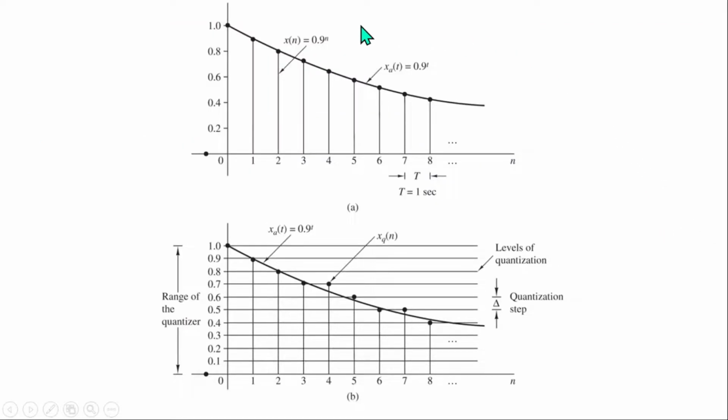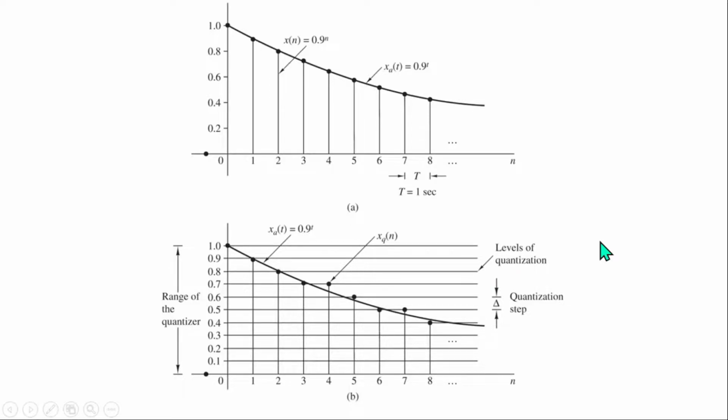In this figure, the one on the top is x of n, and the one at the bottom is the quantized signal x sub q of n. The quantization step delta is 0.1. During quantization, the values of x of n will take on the discrete values defined in increments of 0.1.